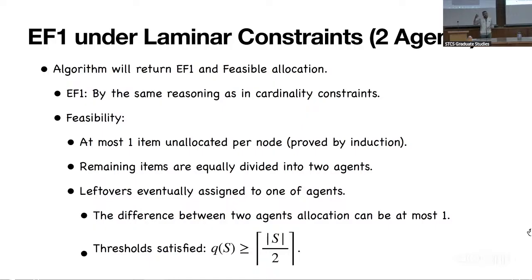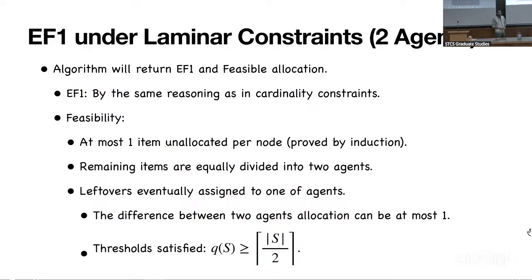Later we allocate that one item to any of the agents, and the difference must be only one. And if the difference is one, then this criterion will be satisfied naturally, because if one agent has more than floor of s by 2 plus 1, then the other agent must have s by 2 minus 1. The difference cannot be 2. So if the difference is 1, they cannot be greater than floor of s by 2.